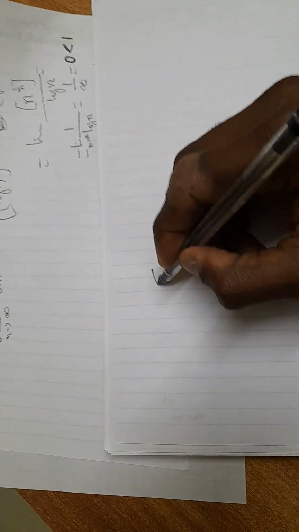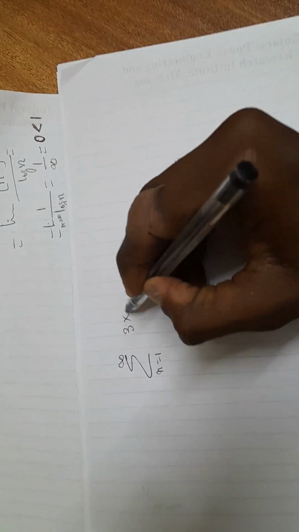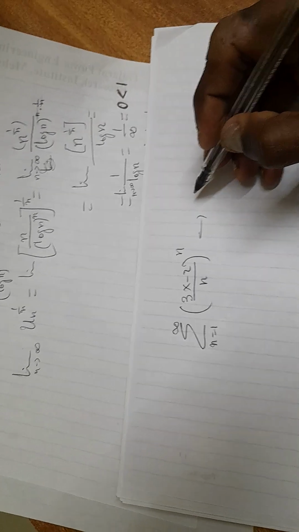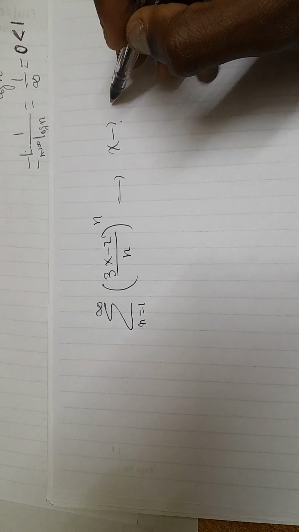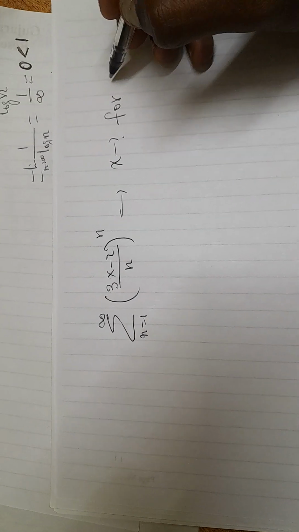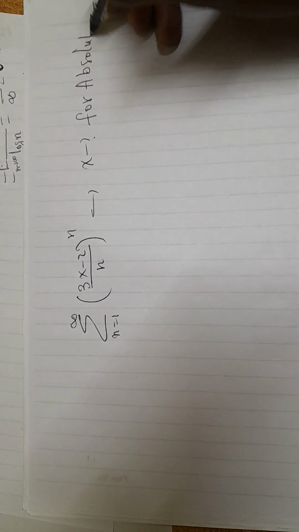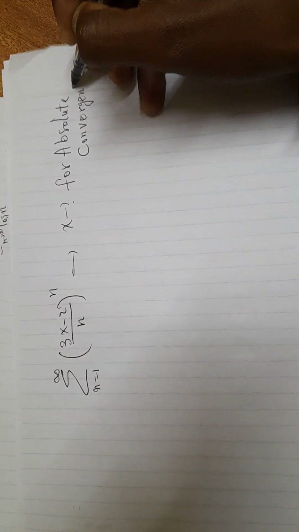Then we have this series, n goes from 1 to infinity, of (3x minus 2 over n) to the power n. Here they ask us to find what x is for the series to be absolutely convergent. They just ask us for absolute convergence of this expression.